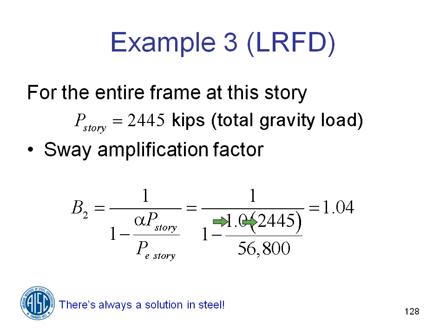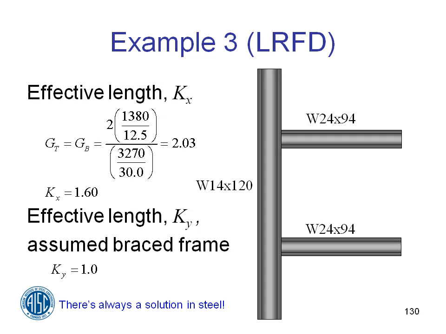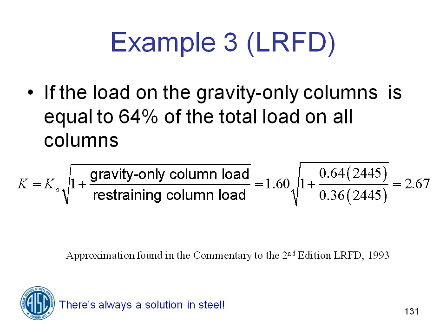So the difference here is 1.0 times 2445 compared to 1.6 times whatever the other load value was. We amplify our loads, and then we get to the effective length. Well, the effective length calculations don't have anything to do with ASD, LRFD, right? It's the same calculation. So we come back to calculating this K of 2.67.